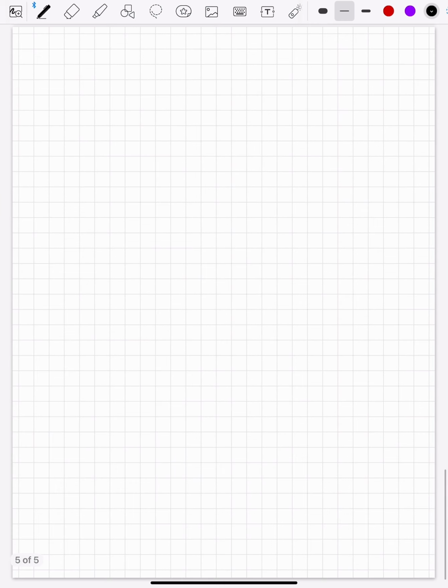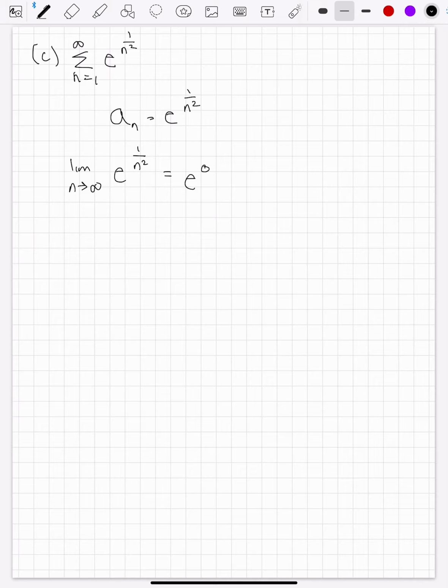And then let's do one more. We get the sum from 1 to infinity of e to the 1 over n squared. And so our an here is e to the 1 over n squared. And if we do the limit of that, we see that the exponent is going to 0. That's going to be e to the 0, because 1 divided by a huge number is 0. So then e to the 0, anything to the 0 power, is just 1.